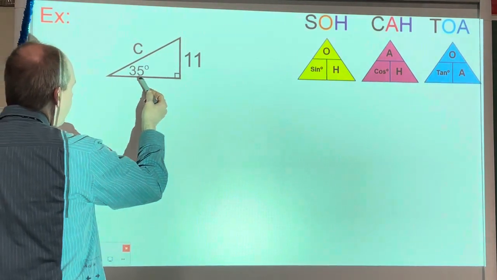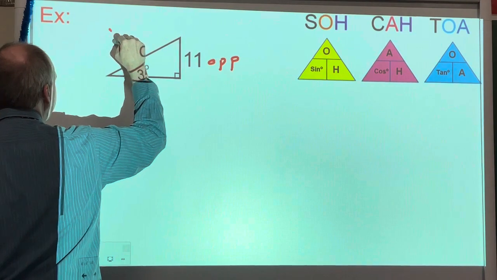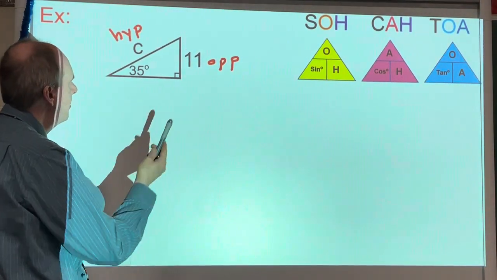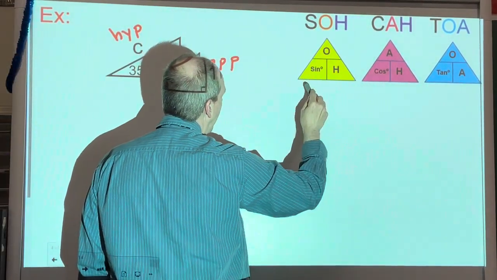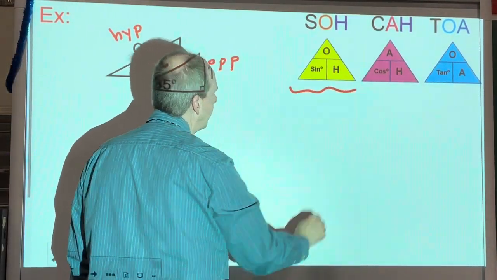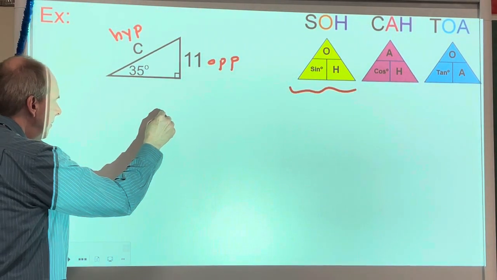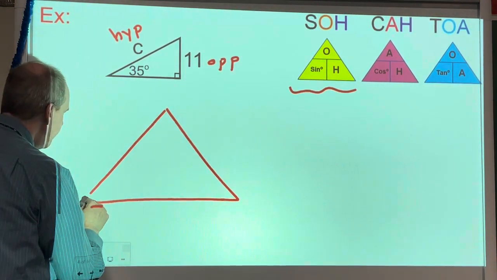Well, here's my angle. This is opposite. C is across from our right angle. It's the hypotenuse. Which trig ratio works with opposite and hypotenuse? Opposite over hypotenuse would be right here. So let's draw a pyramid, aka a triangle. Pyramid just sounds cooler.